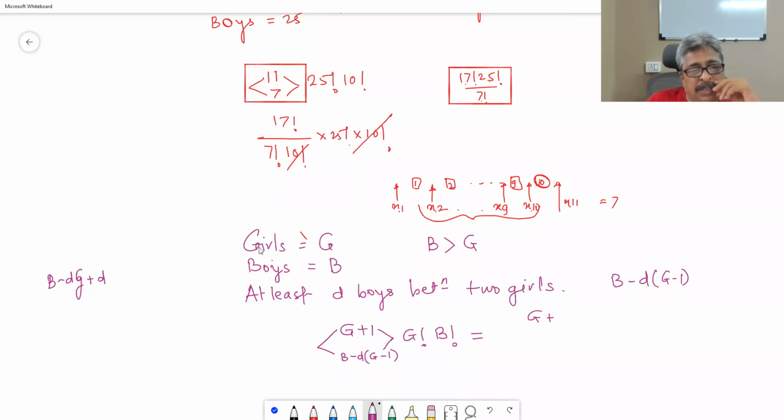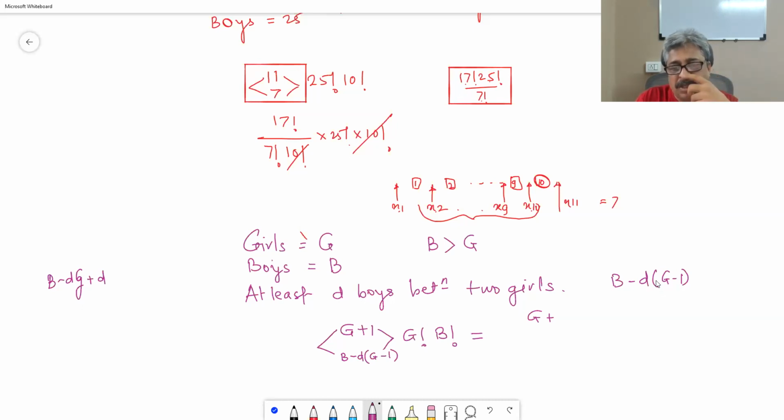Next problem is there are G girls, there are B boys, B is greater than G, and at least D number of boys between 2 girls. Then what is going to be the answer? So first let us find out how many boys are remaining after making sure that between 2 girls D boys are sitting. If G girls are sitting, there are G minus 1 gaps between them, excluding the extreme ones.